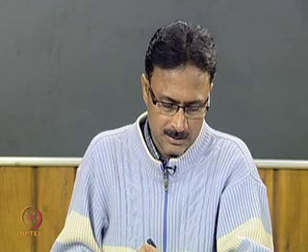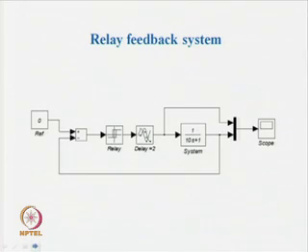Now, the analysis will be done for the first order plus dead time system initially, where we shall derive a set of analytical expressions which can be used for identifying simple transfer function models of systems. Now, let us consider the relay feedback system, where the relay induces sustained oscillatory output in the system.